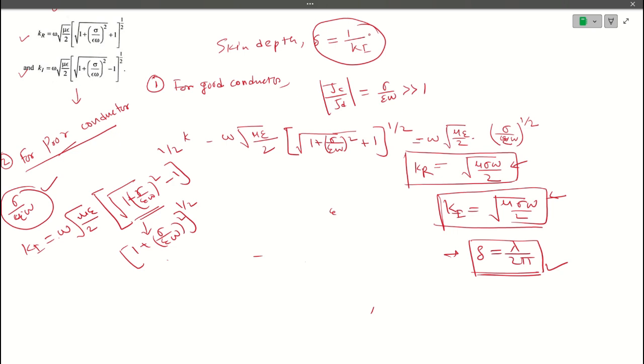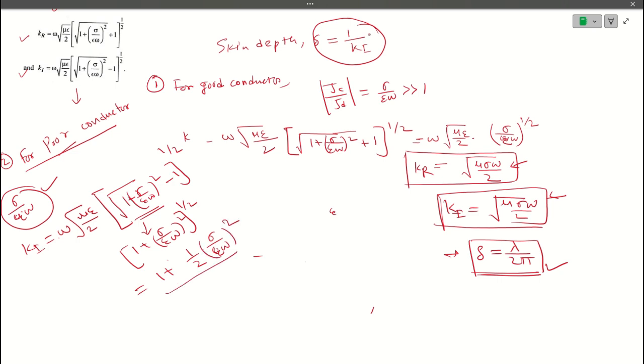So we can expand this by binomial expansion, and since sigma by epsilon omega is small, we can take only the first order term. So we get 1 plus 1 divided by 2 into sigma by epsilon omega whole square. This is the first order term.